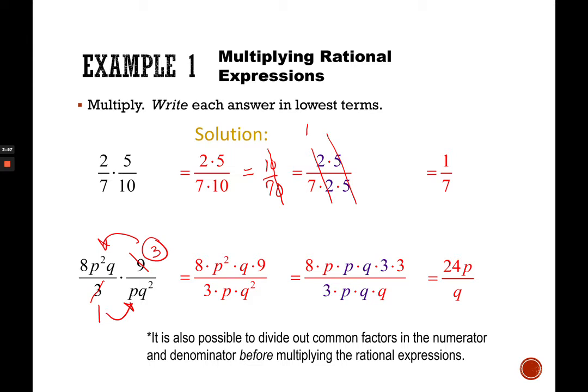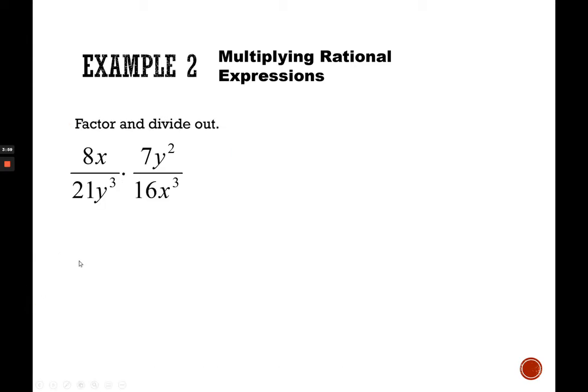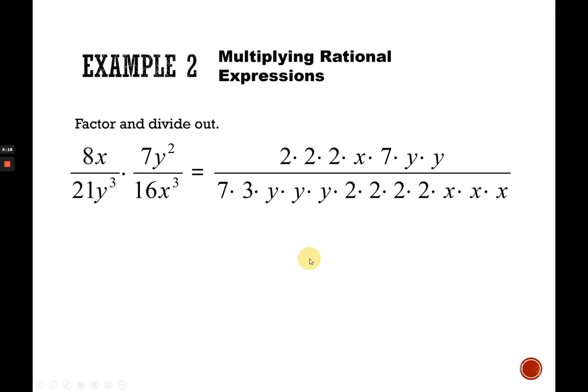Let's have some more examples. Factor and divide out. You have 8x over 21y cubed times 7y squared all over 16x cubed. You can write them all together. Numerators multiply to numerators, denominators multiply to denominators, and now in their factored form. 21 is 7 times 3, 16 is 2 to the fourth, 8 is three 2's, 2 times 2 times 2, and then the rest are factored out.